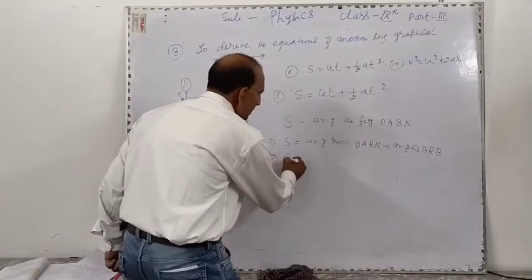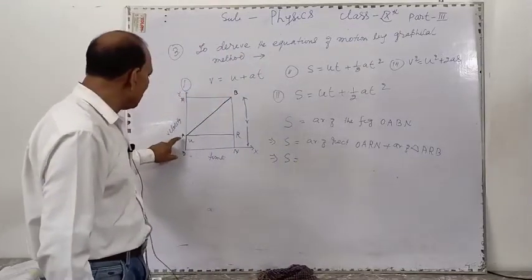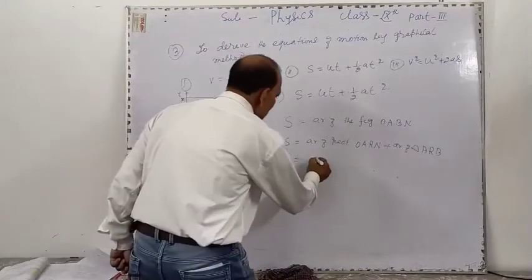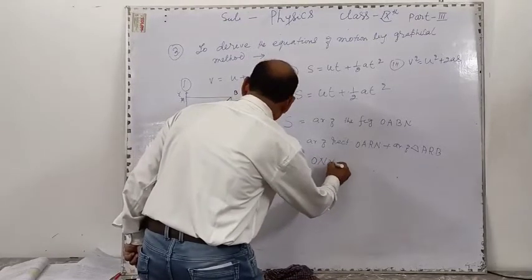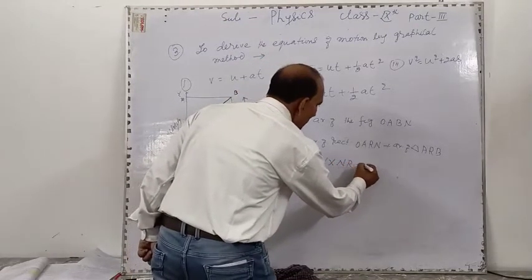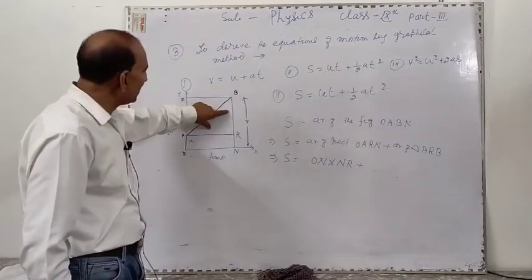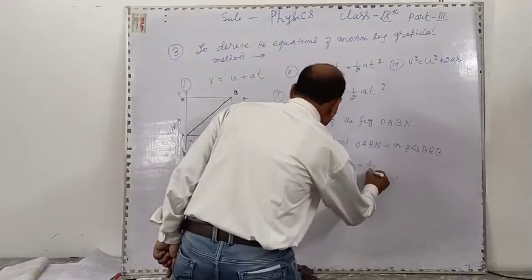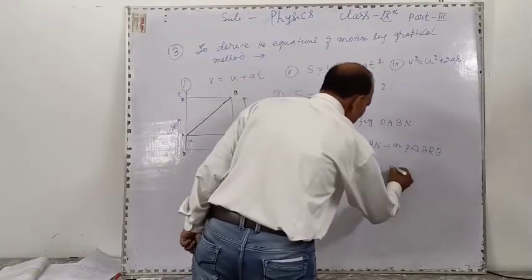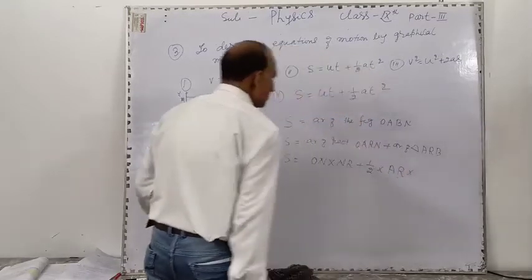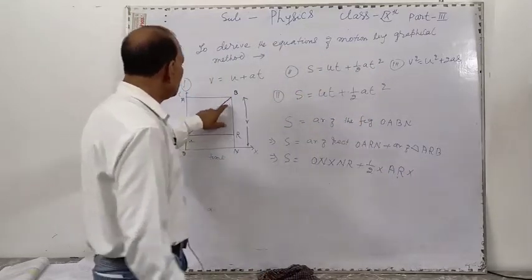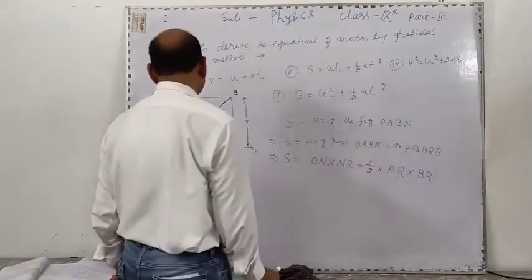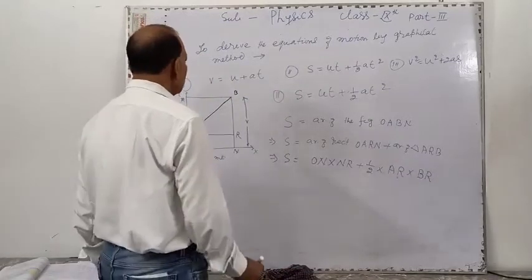This implies S is equal to area of rectangle, that is ON into NR, plus area of triangle ARB, that is 1 by 2 into AR into BR.